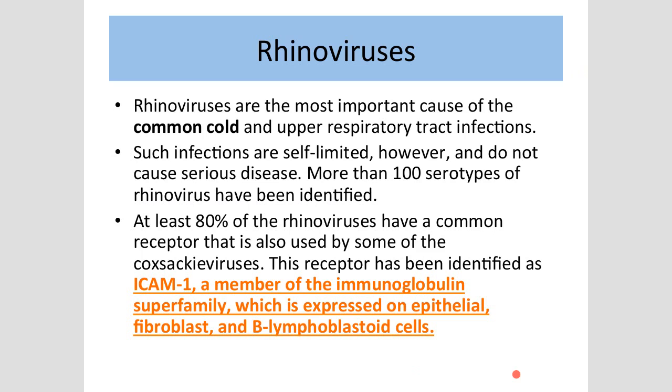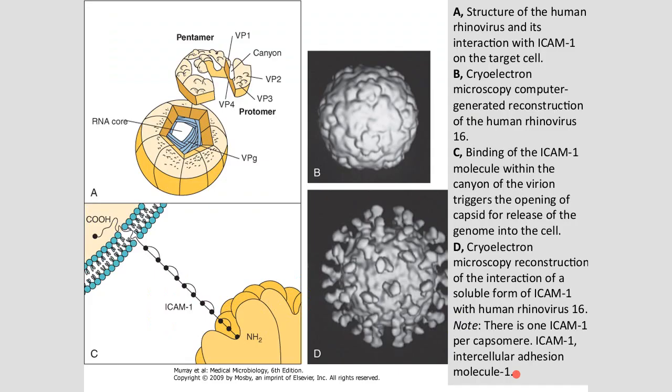It's called ICAM1, intercellular adhesion molecule number 1, which is a member of the immunoglobulin superfamily, and this is expressed on epithelial, fibroblast, and B lymphoblast cells. So wherever these cells are located, there are likely chances that these viruses will go and infect and get attached to it.